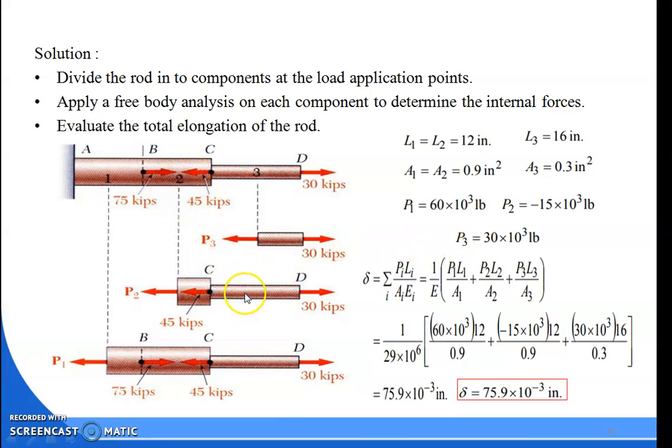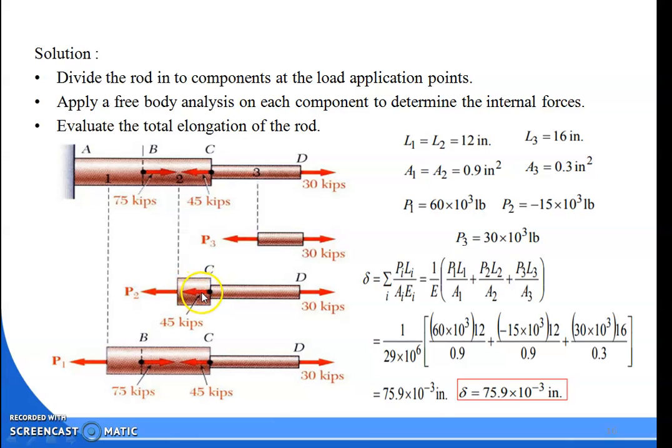So in this third diagram, consider this diagram now. We know this force is your P3. What is its value? You can see here 14 kips is formed. In which direction is it?